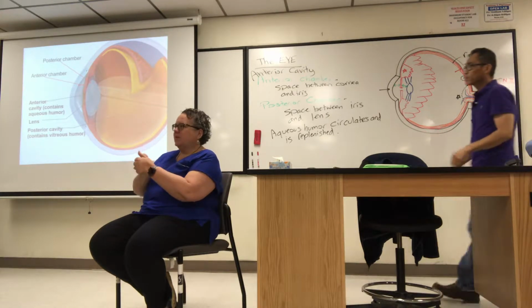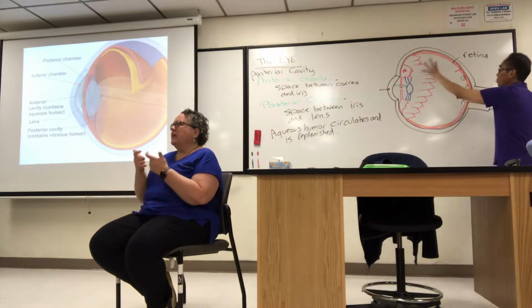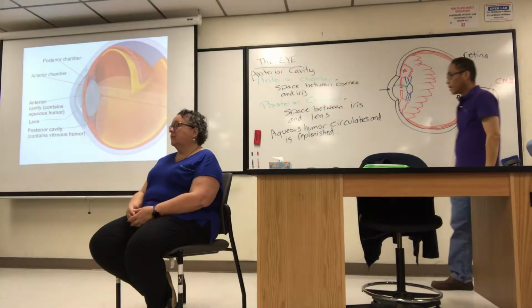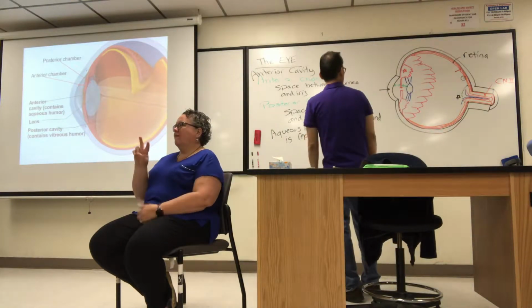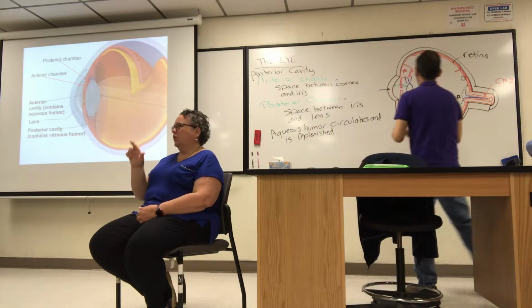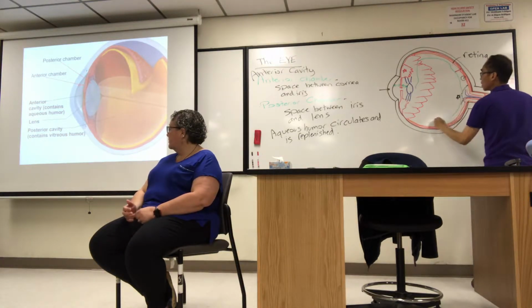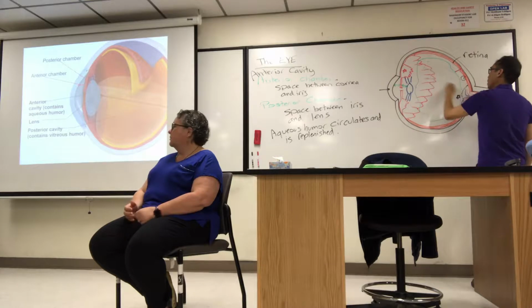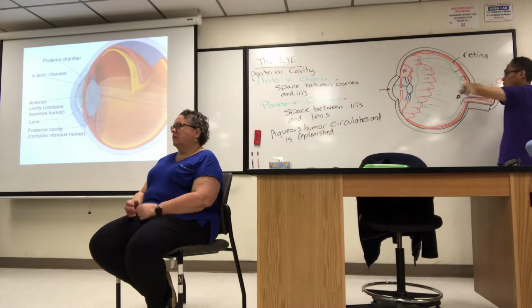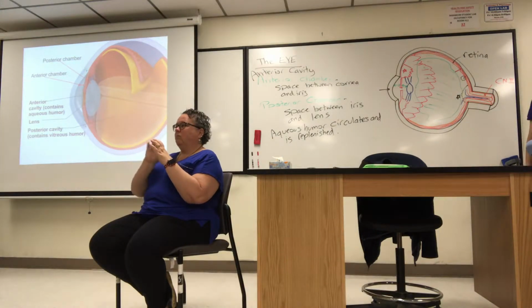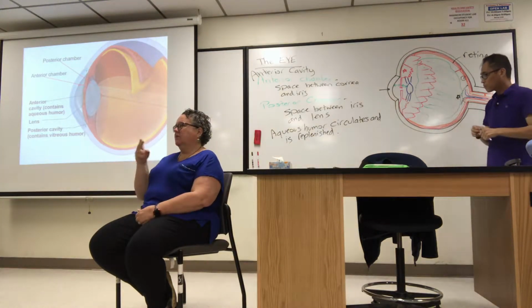Pretty much, it's a big space, and it's occupied by the vitreous body or vitreous humor. I'll just draw a structure that fills the rest of the eyeball, posterior to the lens.